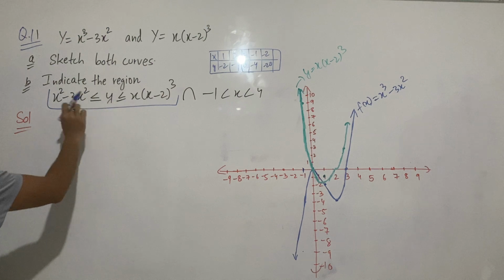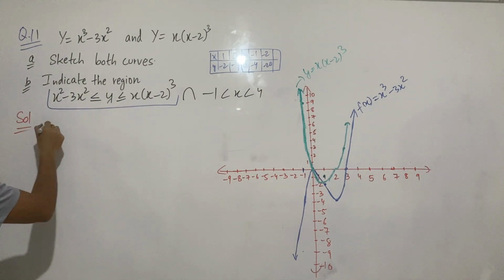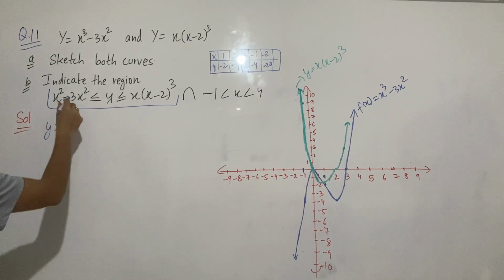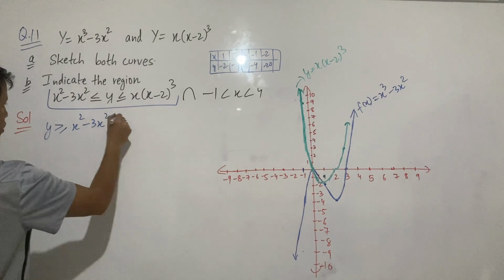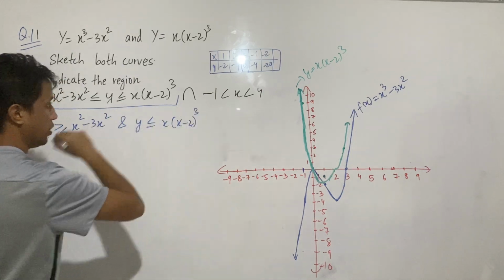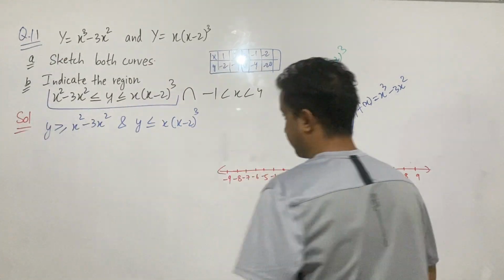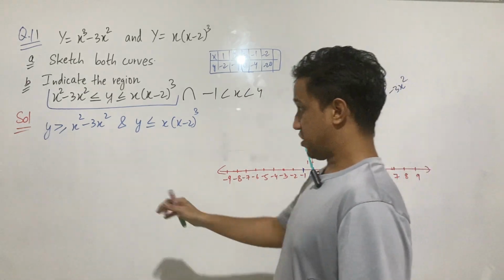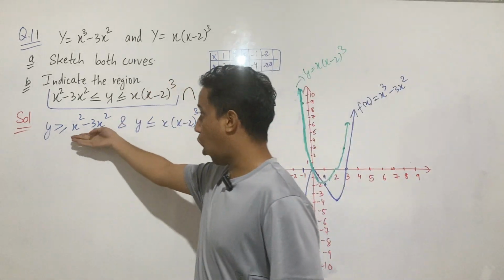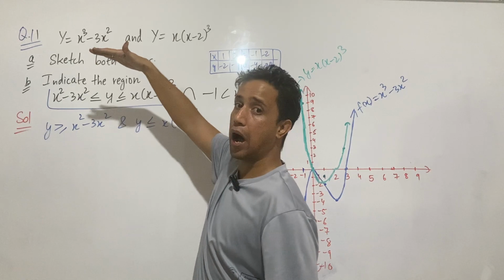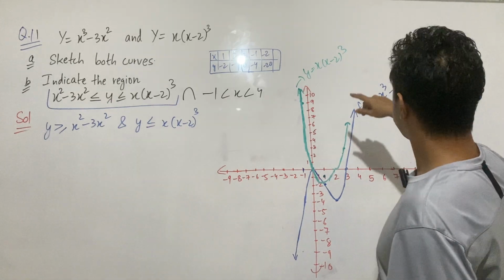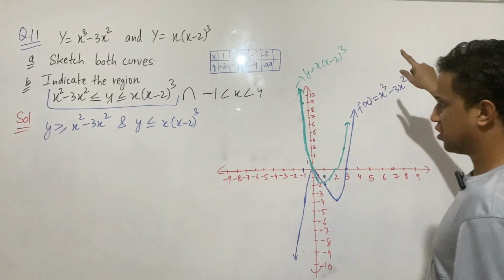First, I can break it into 2 things: y greater than or equal to x cube minus 3x squared, and y less than or equal to (x minus 2) cube. Now what does it mean? y greater than this means they are talking about the region on this curve, or the region above this curve.